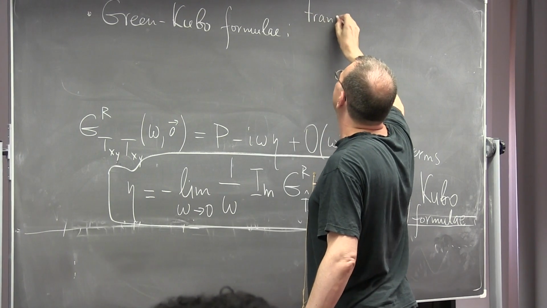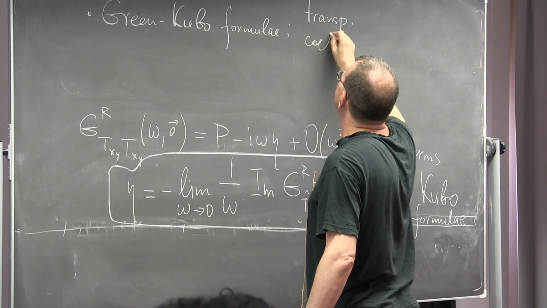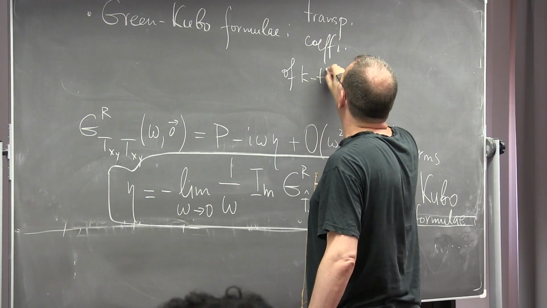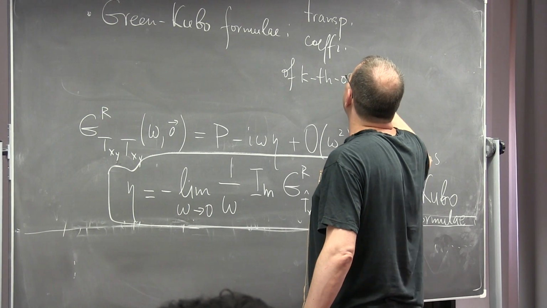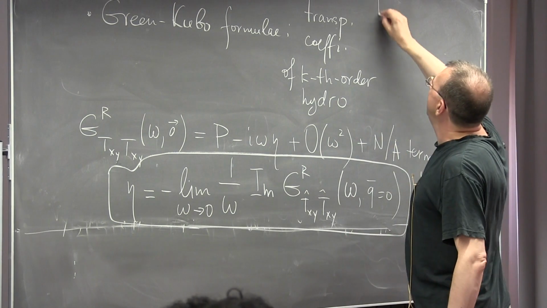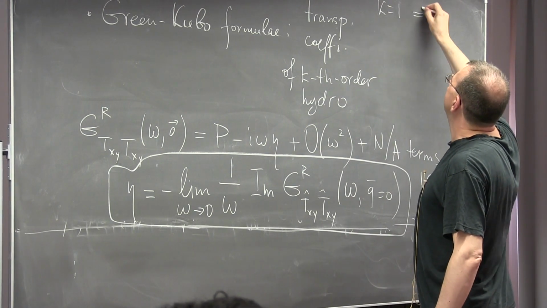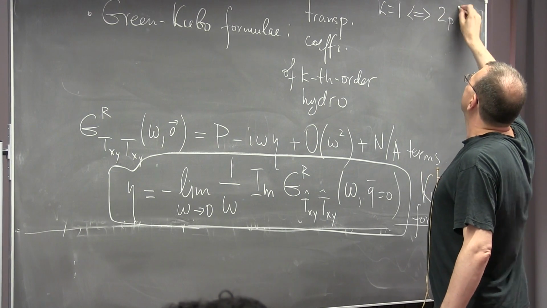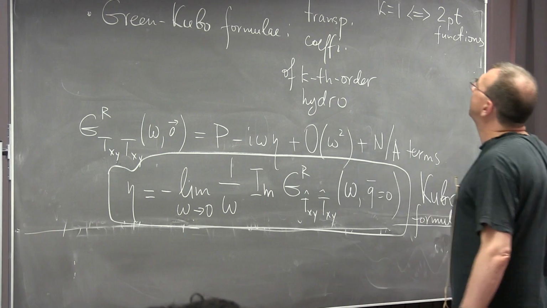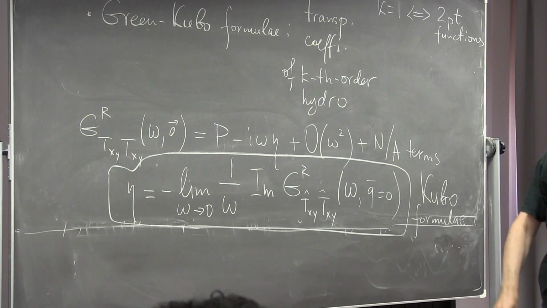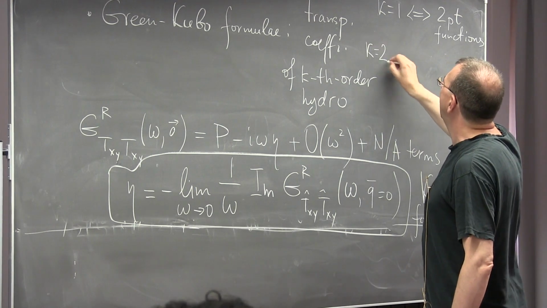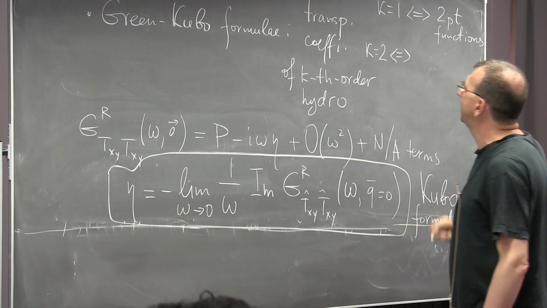So transport coefficients of kth order hydro. Then k is equal to 1. You can extract them from two-point functions, right, as is shown here, for example. Then k is equal to 2, and you have so-called second order hydrodynamics.